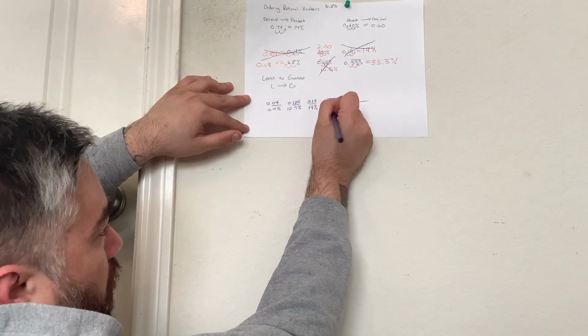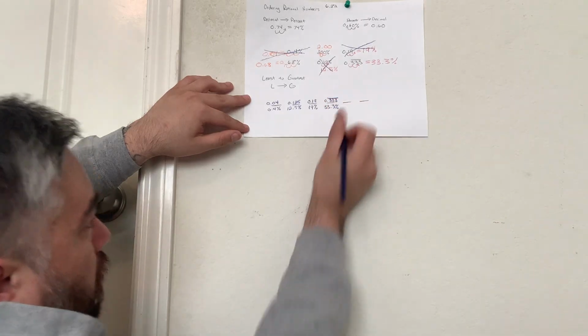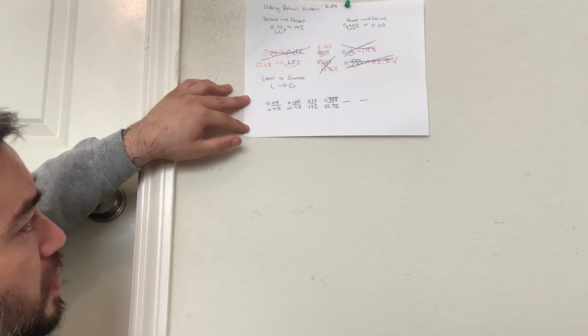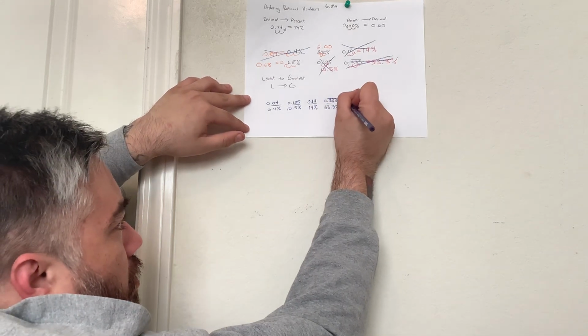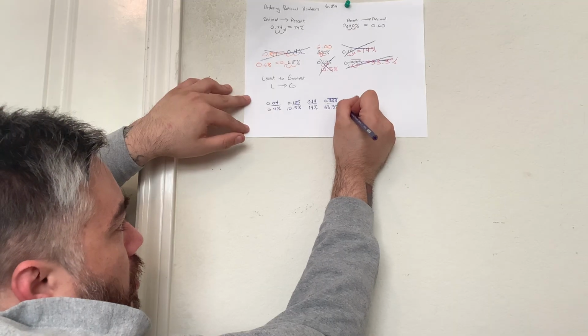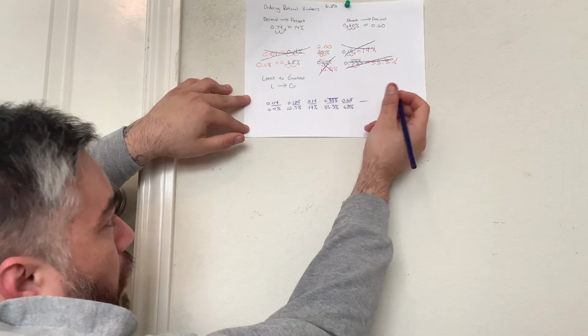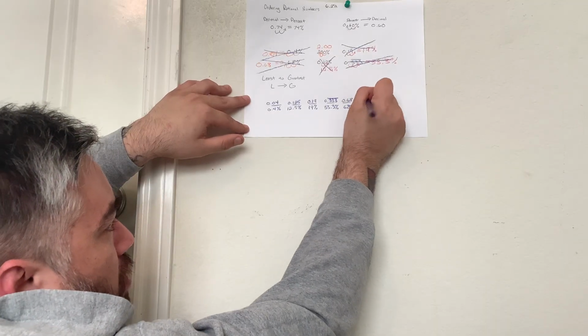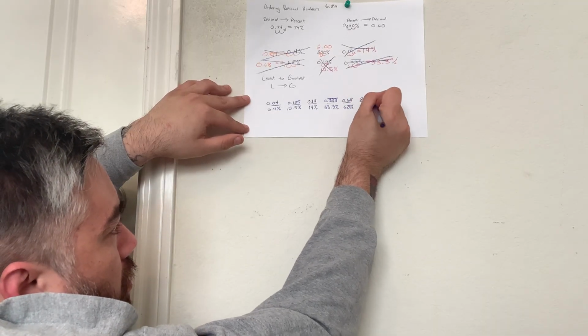Down here, it's going to be 33.3%. We're done with that. 68 cents is less than $2. 0.68 or 68 hundredths, 68%. And finally, $2 or 200%.